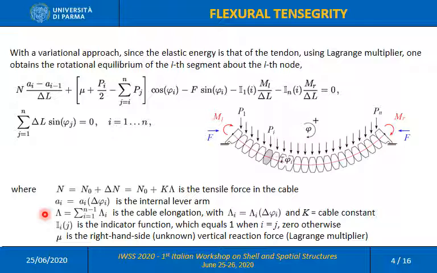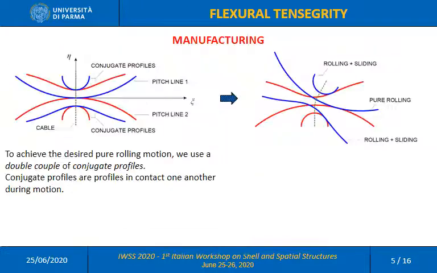Then we have lambda, which corresponds to the sum of the sectional elongations lambda_i, and we have the Lagrange multiplier mu here, and this Lagrange multiplier is physically represented by the constraint reaction.